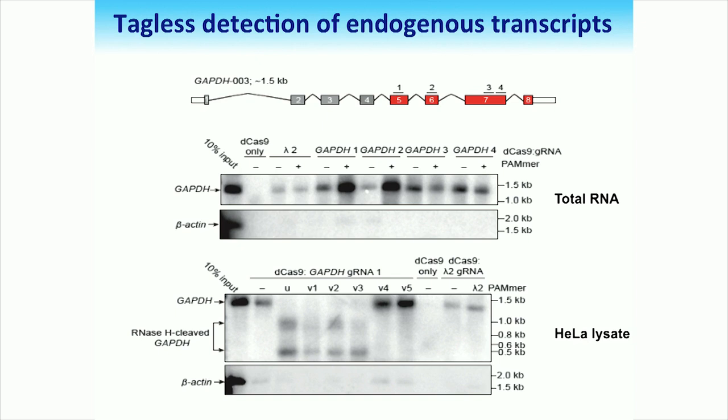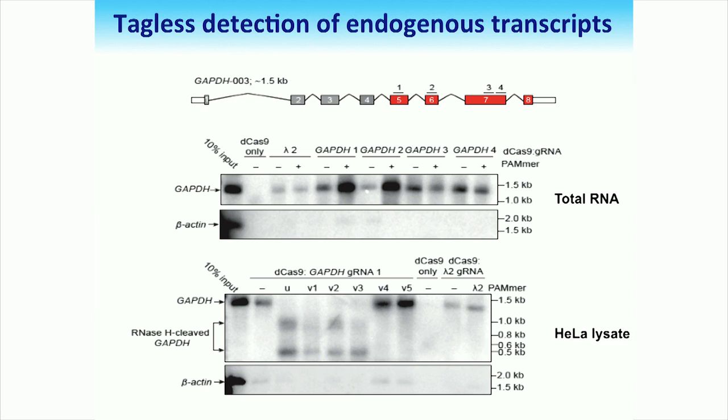You can see that particularly with guide RNAs number 1 and number 2, we see a pretty nice differential between adding or not including the PAMmer oligonucleotide. We get fairly robust recovery of this transcript with virtually no background isolation of a different messenger RNA, beta-actin. So it looked like this was a technique that could work, at least in the context of total RNA.